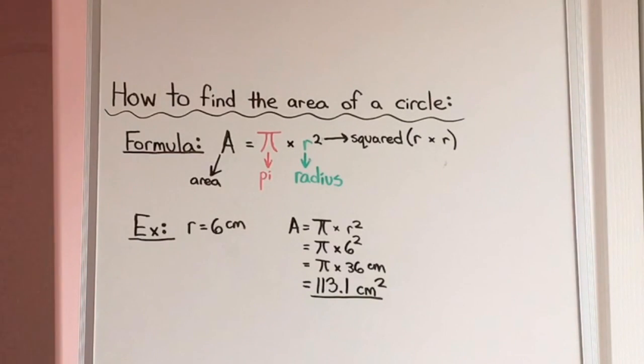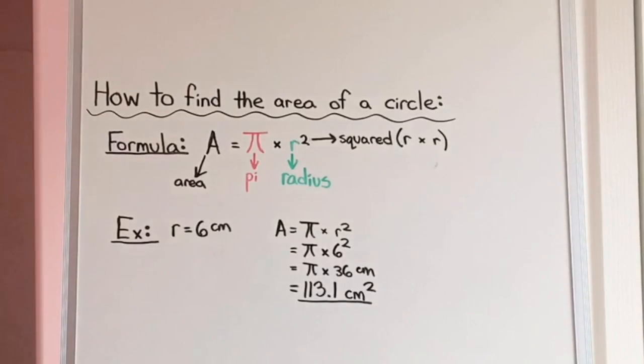So our next definition is how to find the area of a circle. Our formula is area equals pi, 3.14, and so on, multiplied by the radius of the circle squared. The radius of the circle is once again half of the diameter, and the squared basically means r times r, radius times radius.